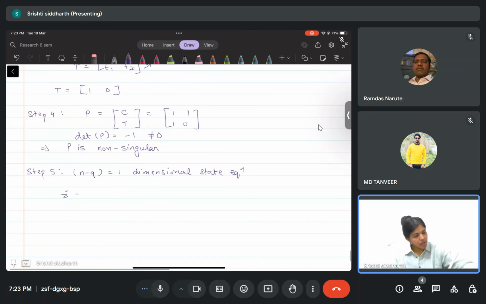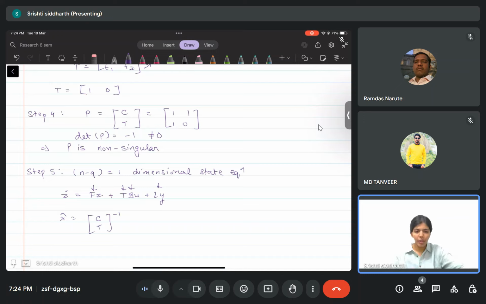That is z dot equals Fz plus TBu plus Ly. So we have F, T, B, and L. We can substitute these to get the state equation for the one-dimensional reduced system. And the estimate x hat is going to be C T inverse, which is P inverse, times y z.